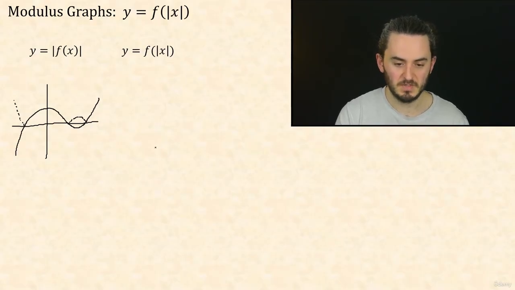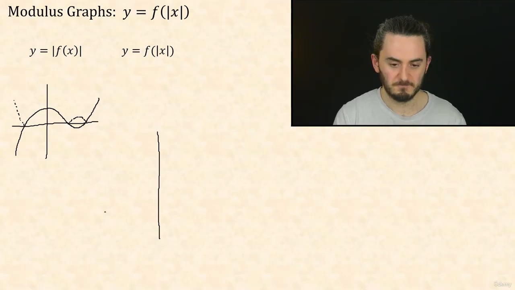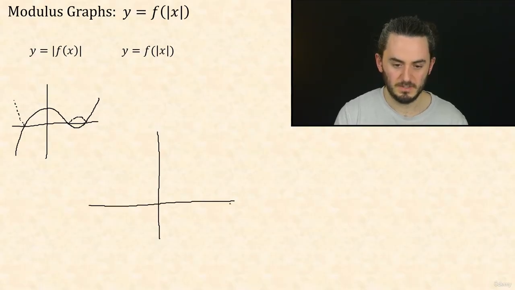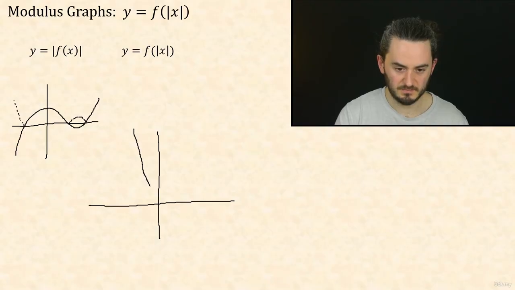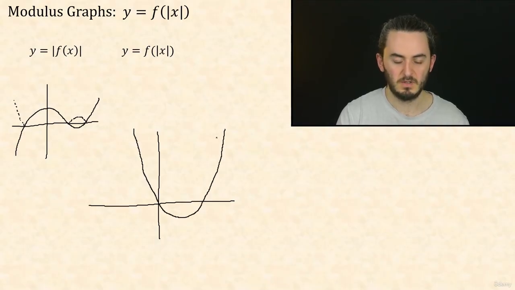Here's how it works. Let's say we've got a function, and the function I'm going to draw is this parabola. Now, let's think carefully through the logic. If x is positive, it gets left alone.